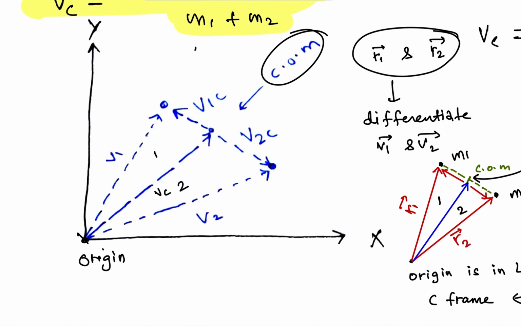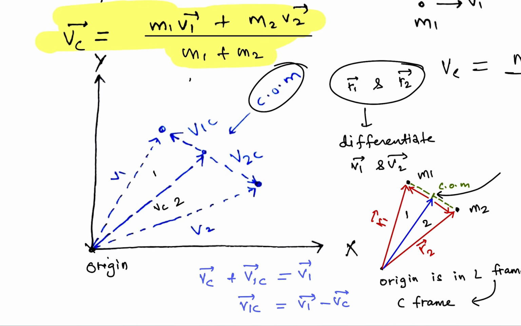In triangle 1, we could add velocity of center of mass plus velocity of first particle with respect to center of mass is equal to velocity of first particle. And then you will get V1c is equal to V1 minus Vc. This is for the first particle. The same thing you could do for the second particle as well.